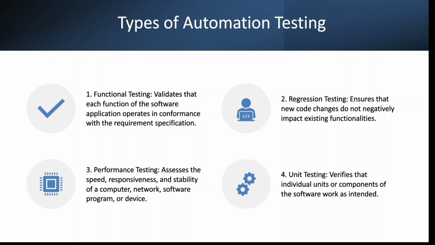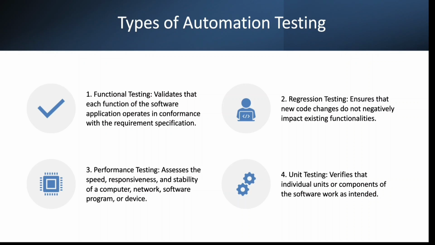The regression cases that already exist need to be automated, so that if the tester has limited resources, they can utilize the automation report properly. They can check the new module instead of spending time on the regression module.